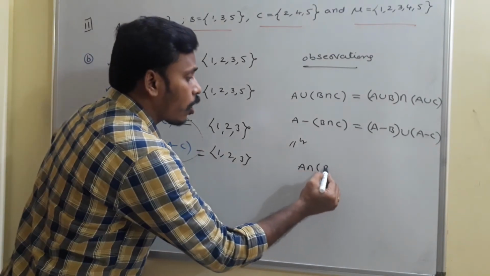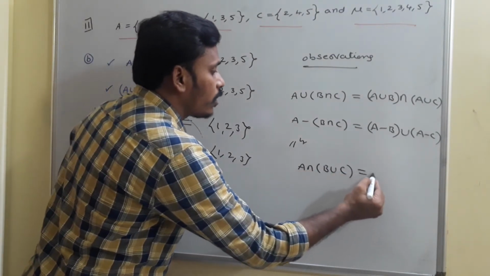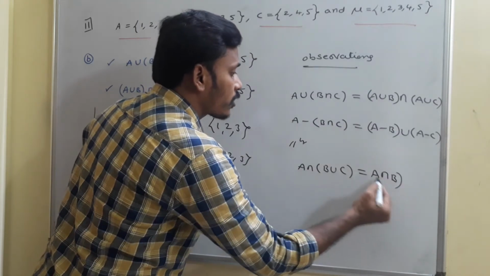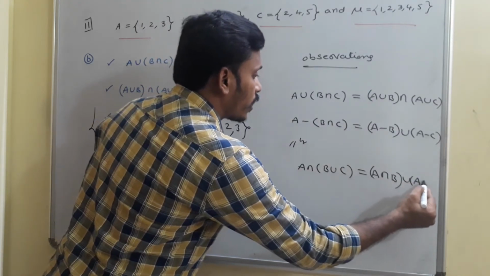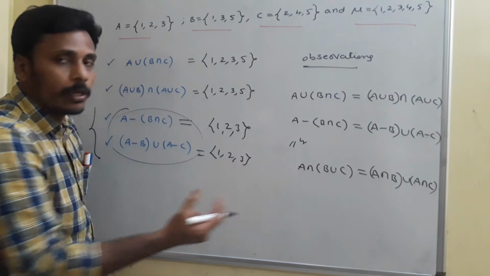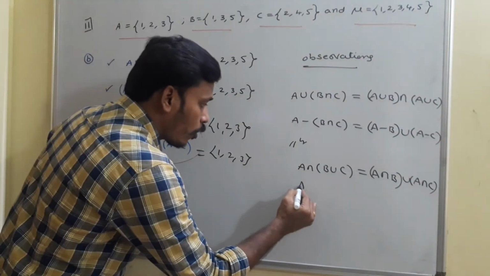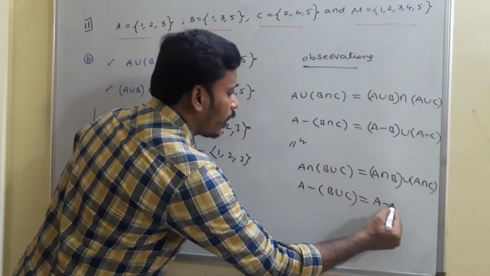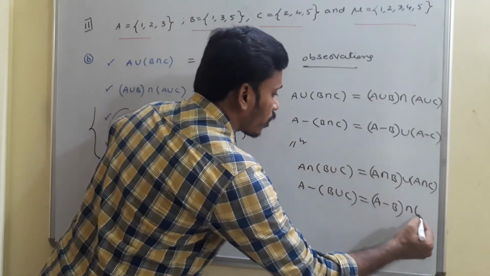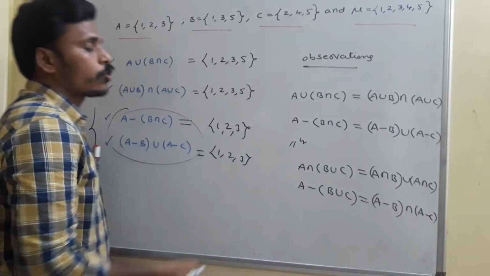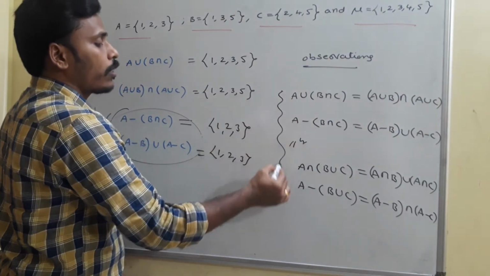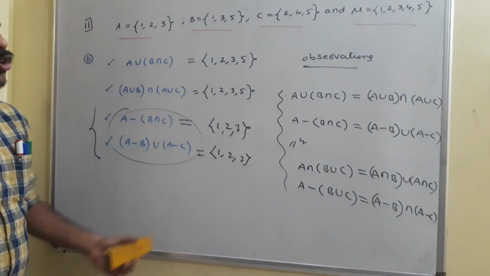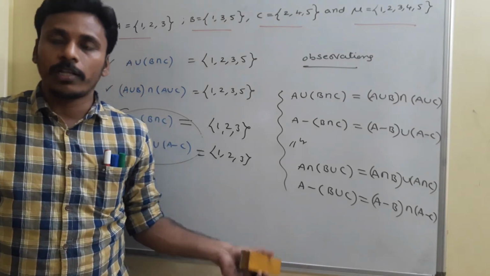A intersection of B union C is equal to A intersection B union A intersection C. These two are also equal. And also A minus of B union C is equal to A minus B intersection A minus C. So you need to observe these four statements, and we call these the distributive properties of sets.